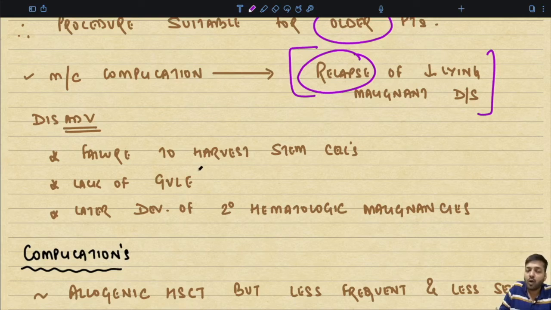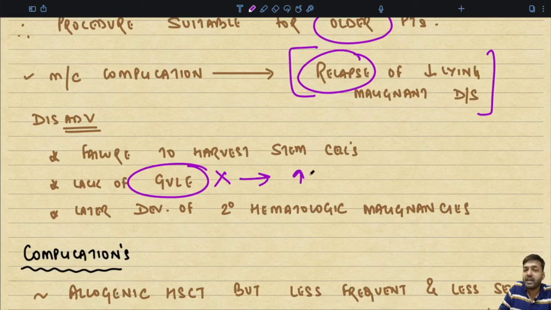As I told you, because the donor and the recipient are the same person, whatever stem cells are harvested are themselves treated, and after processing, they do not contain any immunocompetent T cells, so there is no graft versus leukemia effect, and as a result, the chances of relapse become very high.